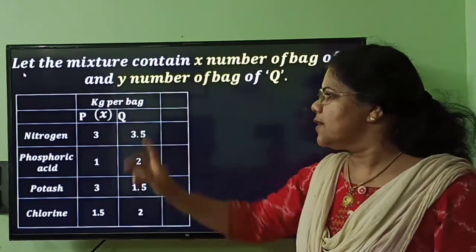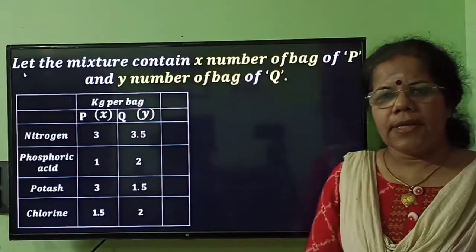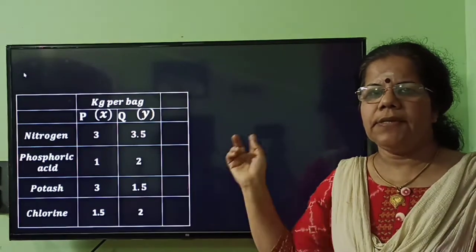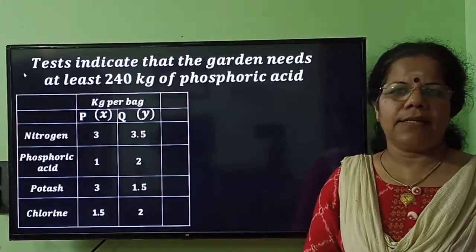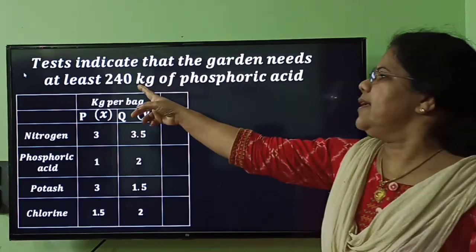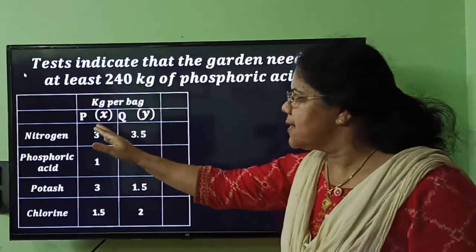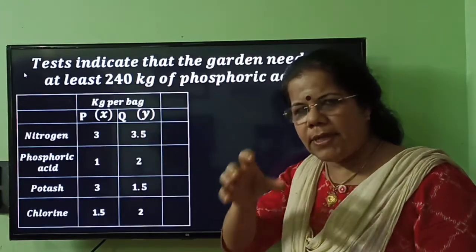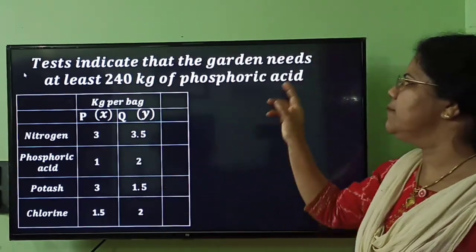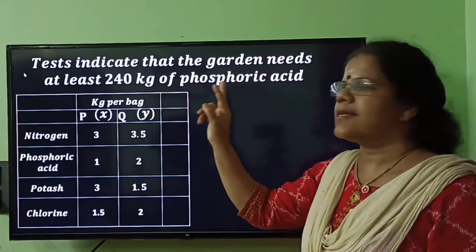Then the next sentence you see: the test indicates that the garden needs at least 240 kilogram of phosphoric acid. That is, while mixing these 2 brands, the mixture should contain a minimum of 240 kilogram of phosphoric acid.